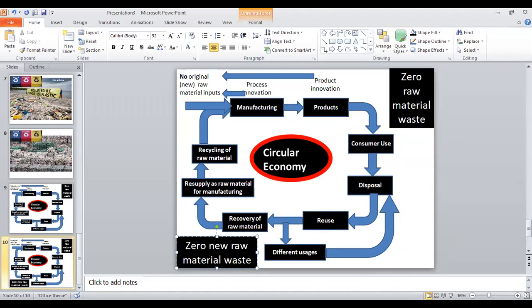These are the ways that sometimes the cities, the nations, the societies are working on. There is no such thing as waste. So circular economy is the sustainable economy. Okay, good.